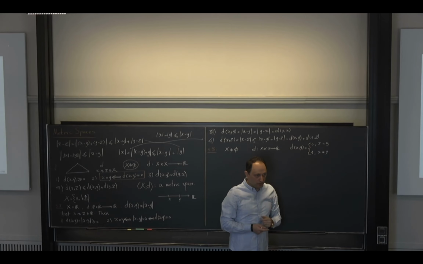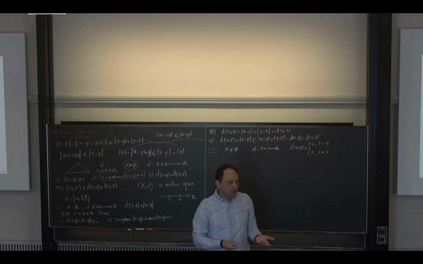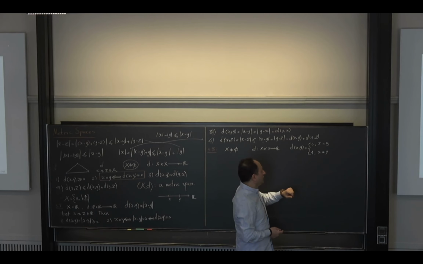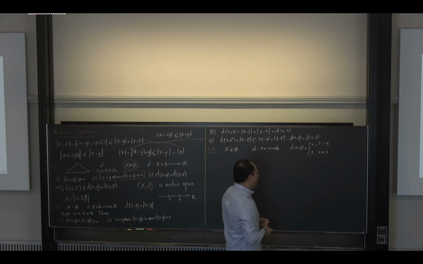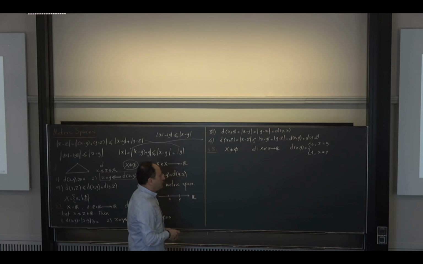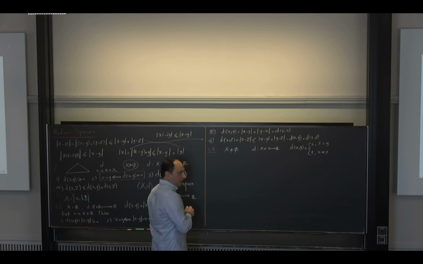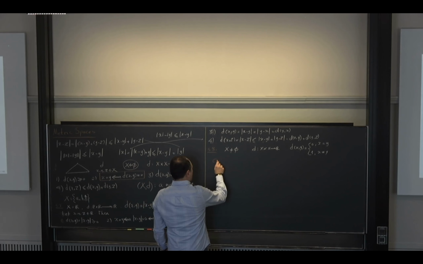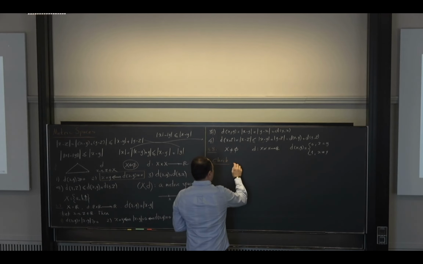So that's positive definite. Yes? Is it symmetric? Yes, because if x and y are not the same, the distance is 1. If they are the same, the distance is 0. The other way around will also be the same. Yes? And then you also have to check the triangle inequality. So I will ask you to do that. It is the only non-trivial part, which is extremely simple, check number 4.